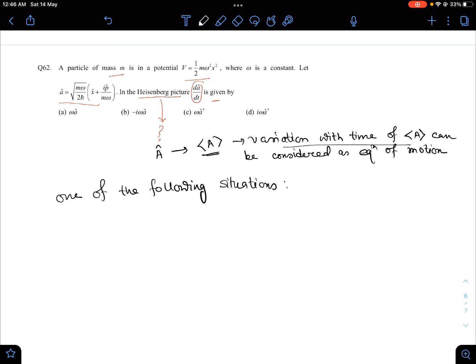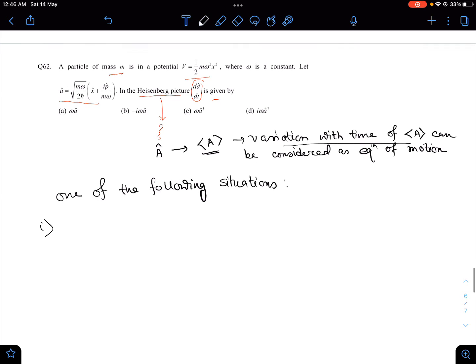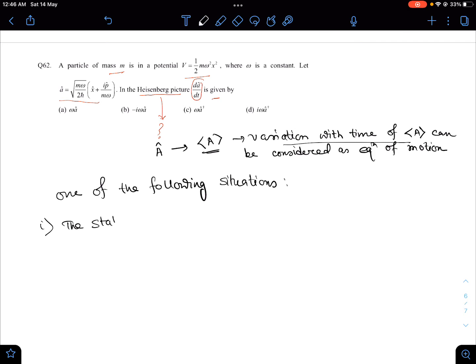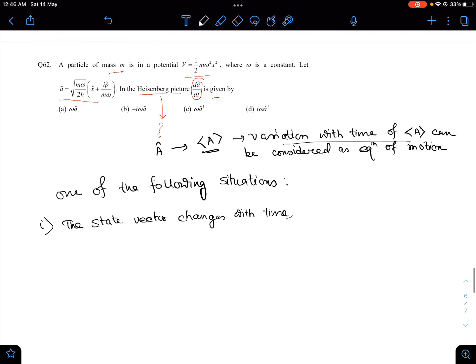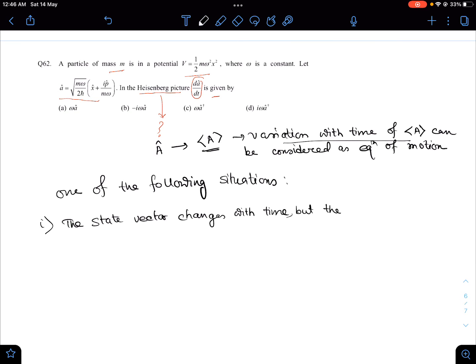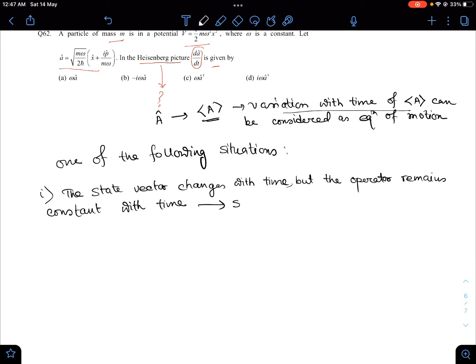So what are the situations? First, the state vector changes with time, but the operator remains constant. So this is called the Schrödinger picture.